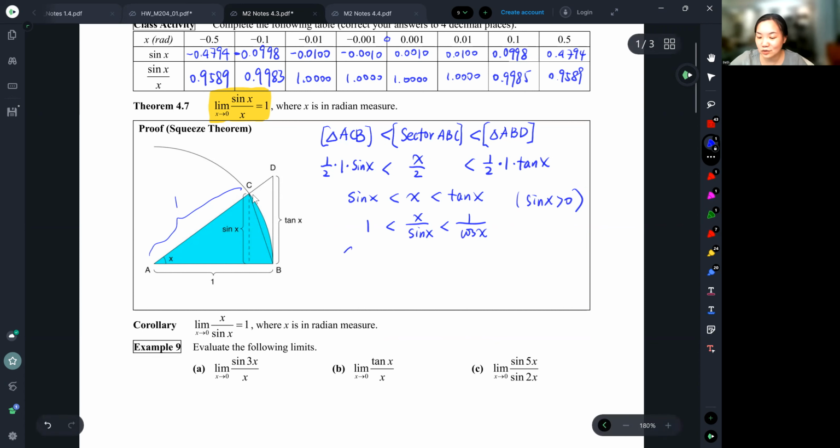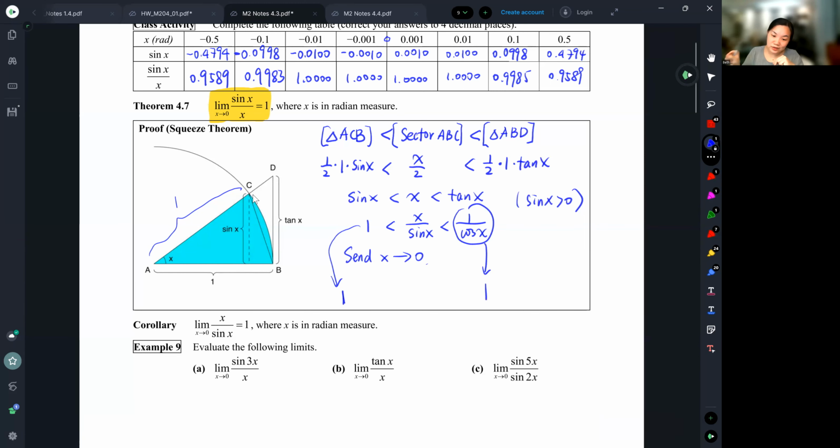This inequality, the left, the smallest value will tend to be 1 because 1 is a constant. This side will tend to 1. The reason is cosine x tends to cosine 0 as x tends to 0, which is 1. So that is a value we know. So the value in the middle must also tend to 1.